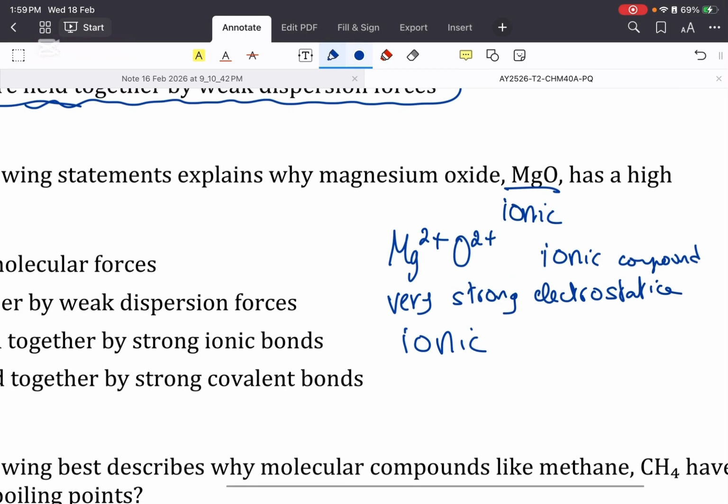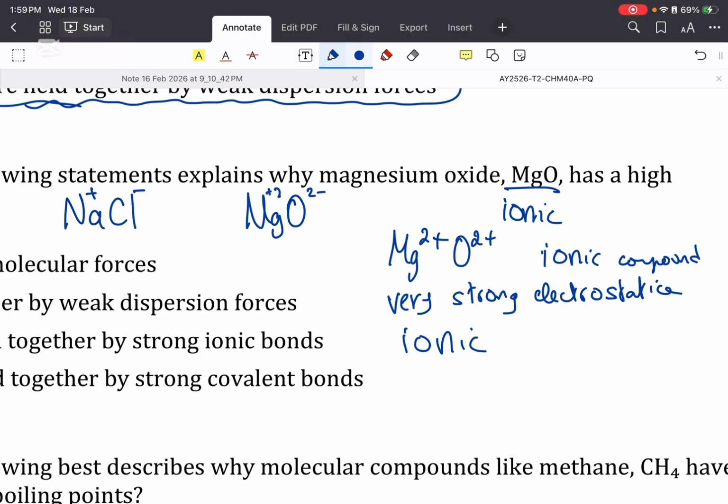Now, if in the question they tell you to compare the melting point of MgO and NaCl, you need here also to involve the charges. The crystal lattice of MgO is stronger because the ions involved are stronger in their force of attraction than the Na+ and the Cl-.